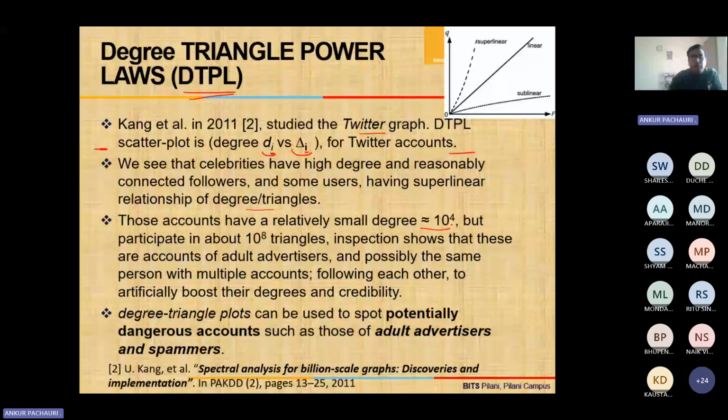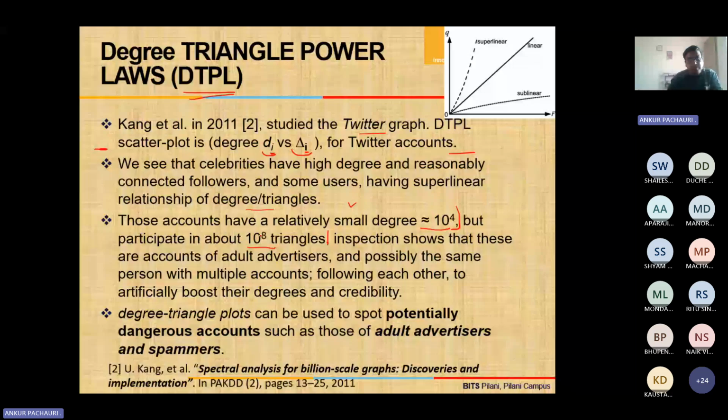That means there were 10 to the power 4 accounts having smaller degree, but they participate in around 10 to the power 8 triangles. So there were around 10,000 users, and they participate in 10 to the power 8 triangles.